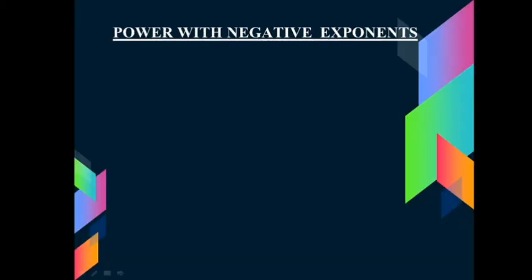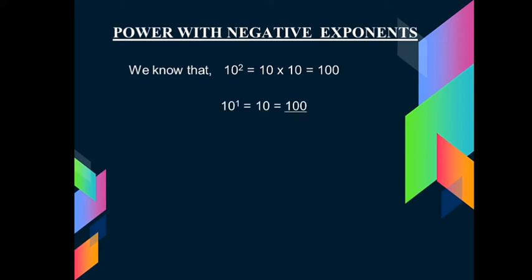Then the next, power with the negative exponent. So we know that 10 square equals 10 into 10, which equals 100. Yes, we know if base is 10 and exponent is 2, it means we have to multiply that 10 with itself 2 times, and 10 into 10 equals 100. 10 raised to the power 1 equals 100 divided by 10.